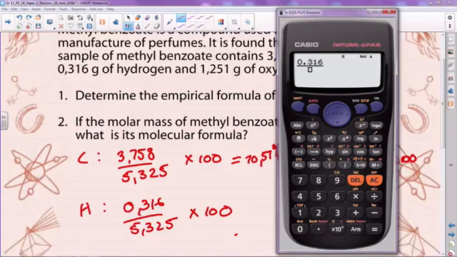Here we're going to go with 0.316 divided by 5.325, and we multiply that all by 100, and our answer is 5.93.